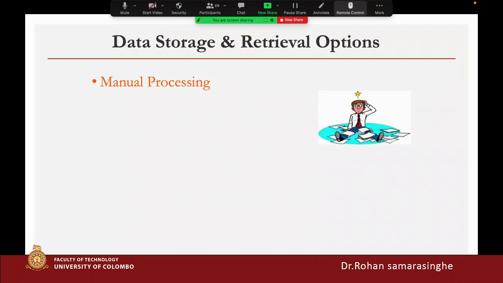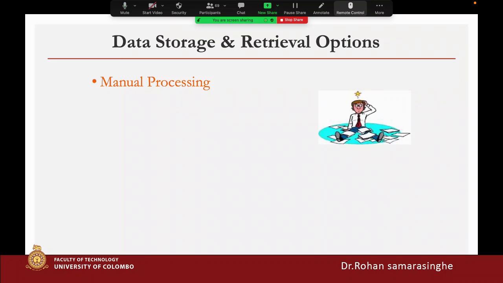You know that when we analyze the data in the world, it is in the zettabyte range. I think it was predicted that by 2022 or 23, the world data size would exceed 42 zettabytes.